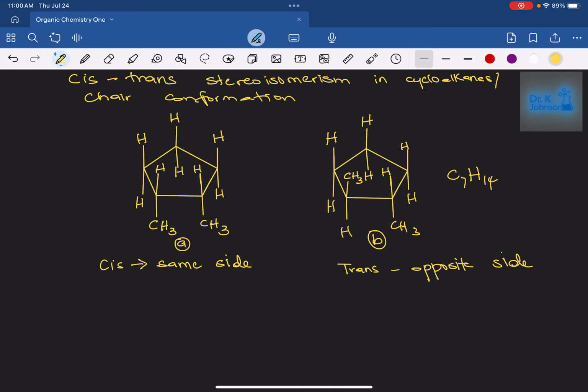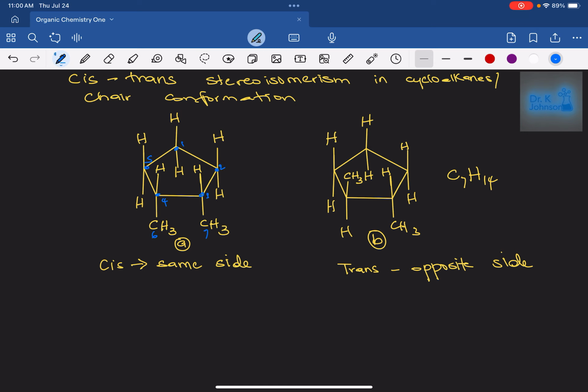So you count the total number of carbons. So it's 5 carbons in the ring: 1, 2, 3, 4, 5. And then there's that. Then you can count the hydrogens yourself. It's C7H14. So we have the same molecular formula.